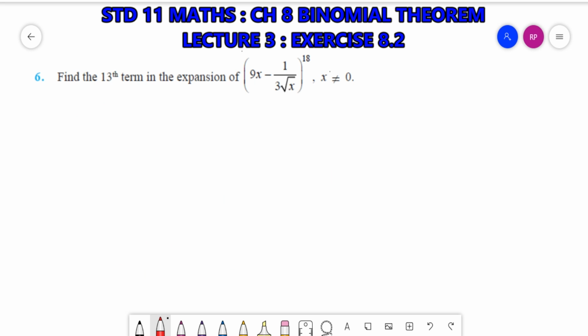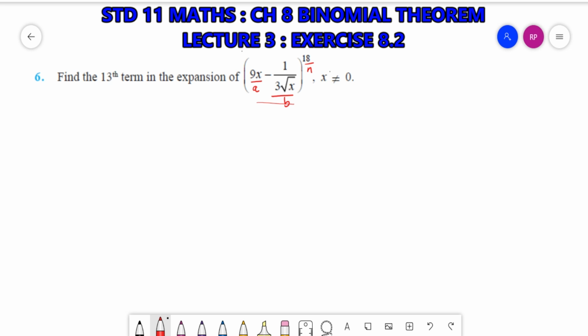Question number 6. Find the 13th term in the expansion of 9x minus 1 by 3 root x whole raised to 18. Okay, so this is our A. Our B is minus 1 upon 3 root x and N is 18.